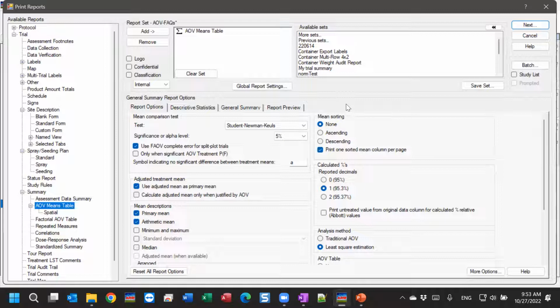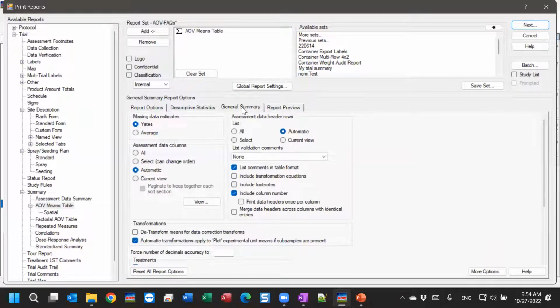So far, when we generate this report, ARM has given us all of the columns in the trial, but you can select specific ones if you want to hide some of them, or you can change the order of the columns. In the General Summary tab, there's an option for the assessment data columns.